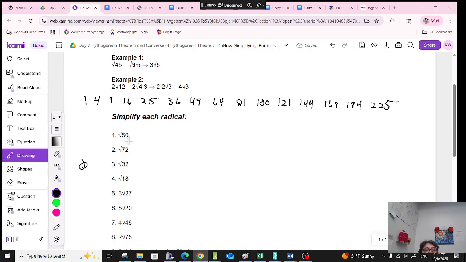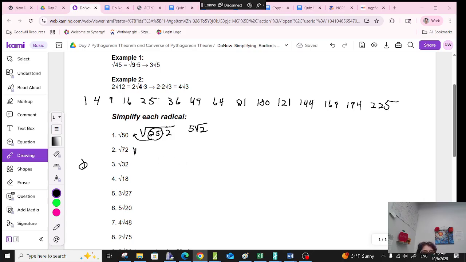So what's the largest number on top here that could go into 50 equally? 25. 25 times 2 is 50. Everybody agree with that? Yes. Now, the perfect square can come out. The other number stays underneath. So this would be 5 square root 2.